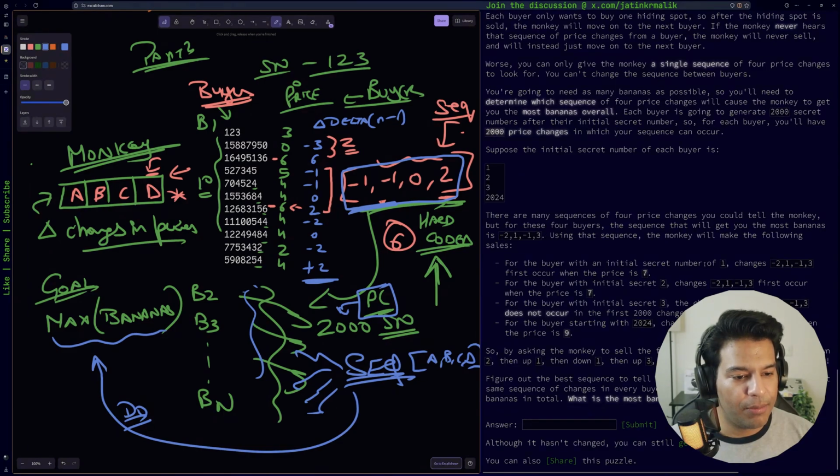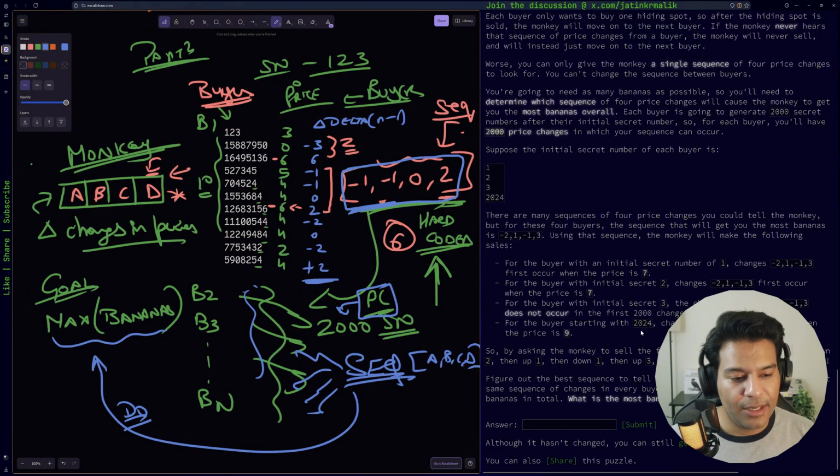And in this example, we can see that it gives us a sample sequence of -2, 1, -1, 3. And it says that for the buyer with the initial secret number of 1, the changes will occur when the price is 7. And for the second one, it will occur when the price is 7. And for the third one, it will not occur within the first 2000 changes. We will just ignore that.